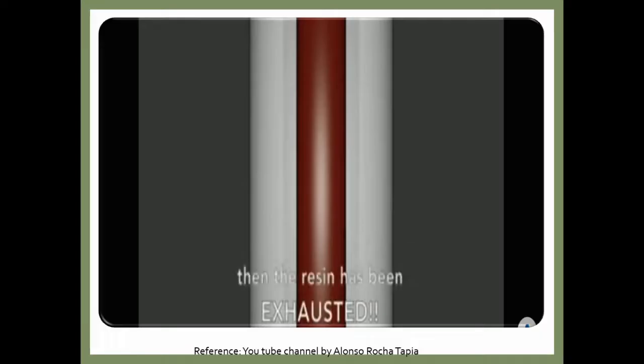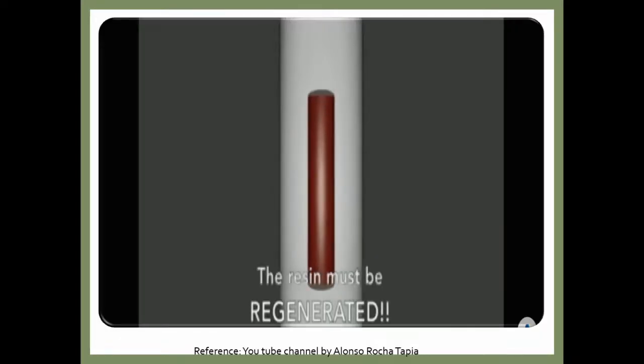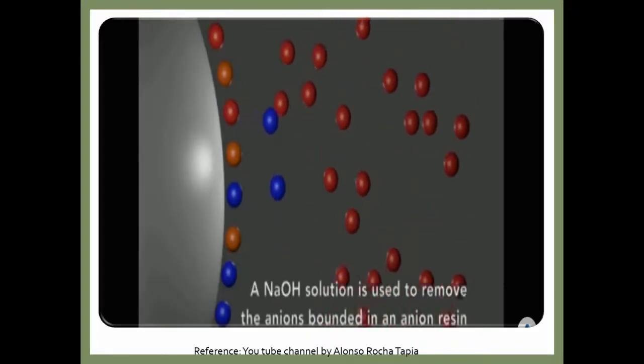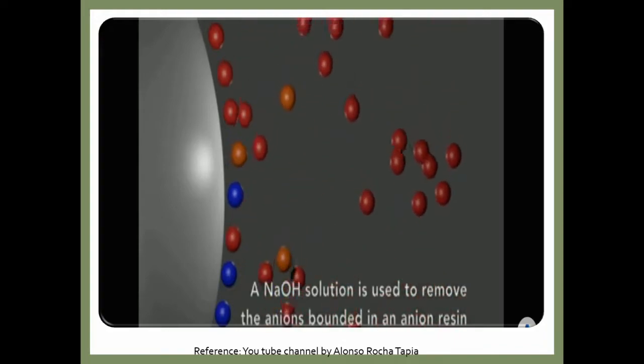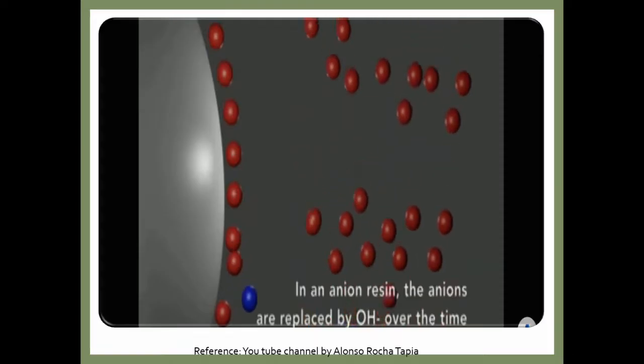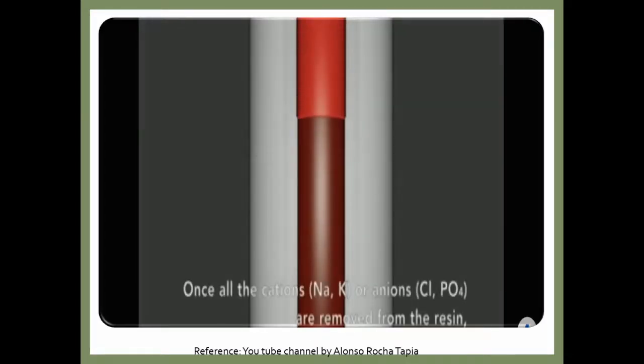There are no more H plus and OH minus. That means resin is exhausted, so you need to regenerate it. And as I said, HCl solution is used and NaOH solution is used. So from the animation, it is very clear how this process is going on, right?